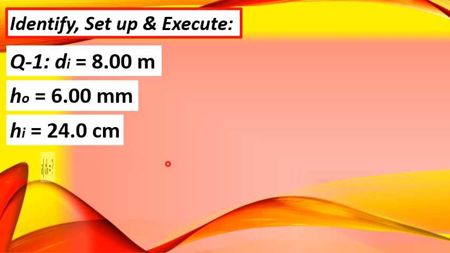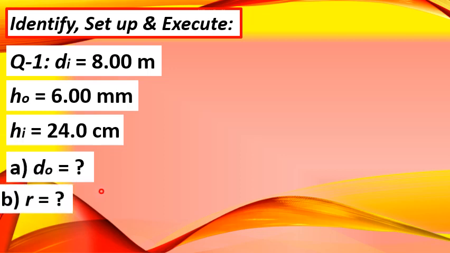And the target variables are, for letter A, the object distance, do, which is how far in front of the vertex of the mirror should the filament be placed. And letter B, the radius of curvature denoted by small letter r.